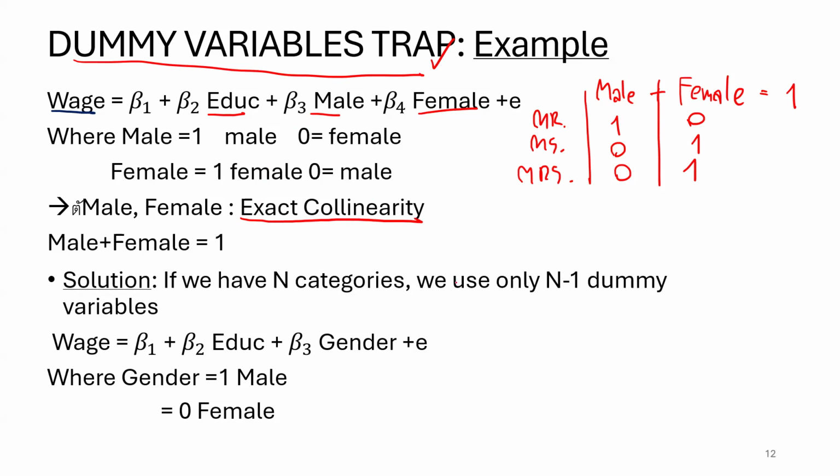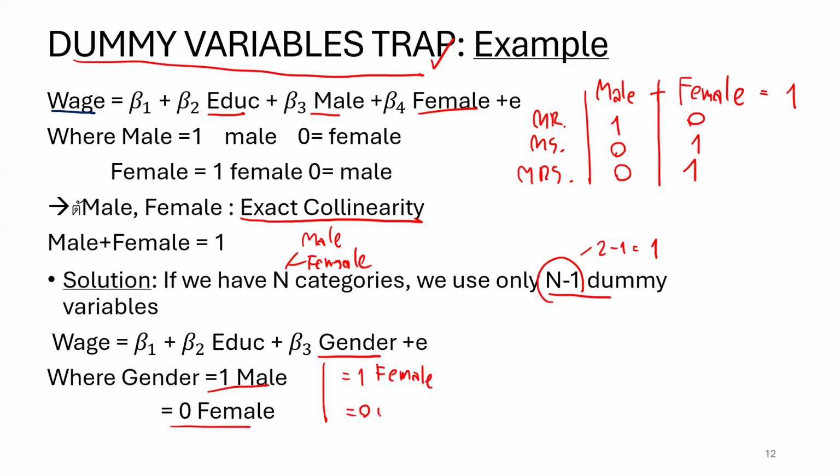When you have only two categories, you use only one dummy. So you have only male and female here, then you have to minus one, so you have only one dummy variable. For example, you may use gender, where gender one equals male, zero equals female, or one is female, zero is male.